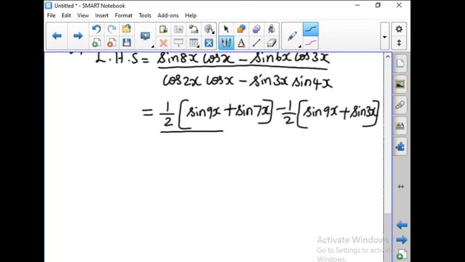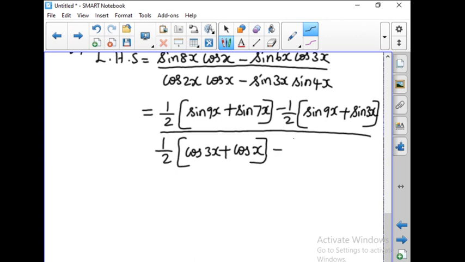In the denominator, 1 by 2 of cos A cos B. So cos A plus B, that is 3x, plus cos A minus B, that is cos x, minus sin A sin B. So it is cos A plus B, isn't it? 3x minus 4x is minus x. Cos of minus x is plus x. So we can write x. Minus cos of A plus B, that is 7x.